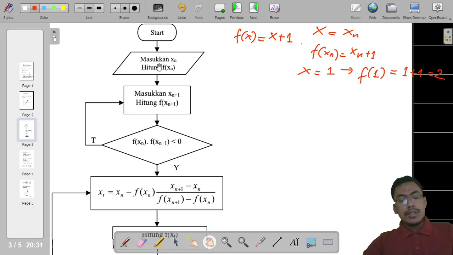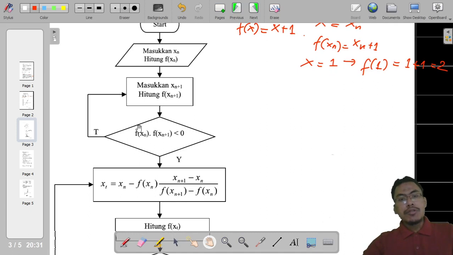Then, the same as the previous step, we put xn+1 into the function, and if the value of f(xn) multiplied by f(xn+1) is less than 0, we can continue to the next step. But if this value is not less than 0, then we have to find another xn+1 until we get a multiplication less than 0.